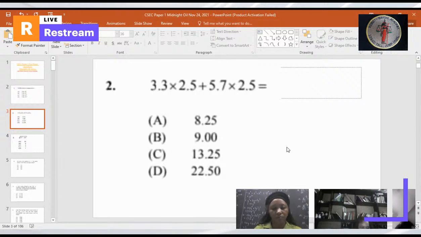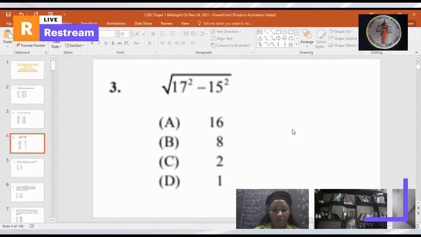And when you add them, you get 22.5, which is D. So 3.3 times 2.5, that's roughly 7. Okay. All right. So that's D.